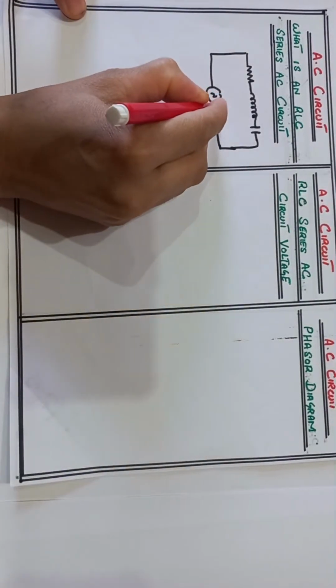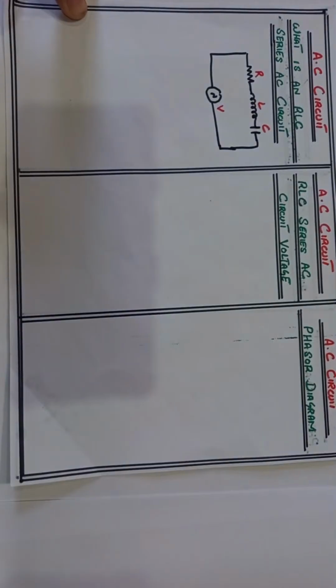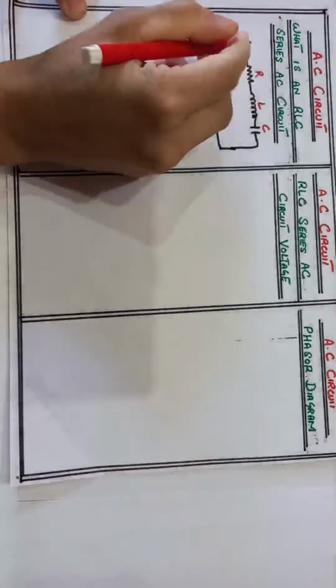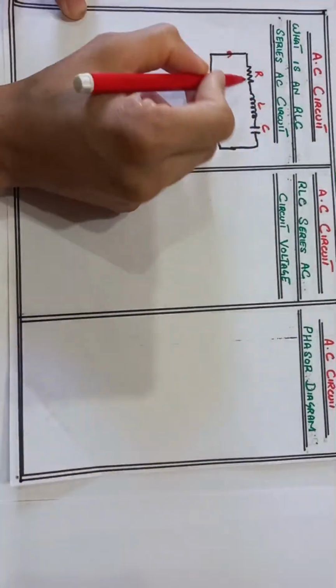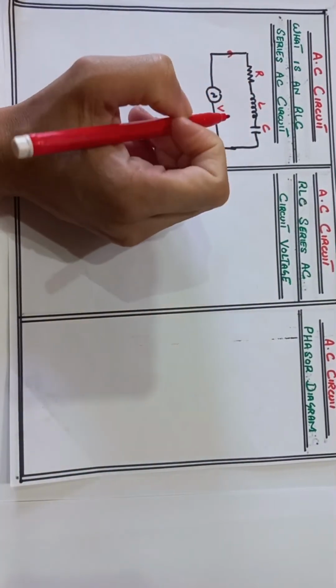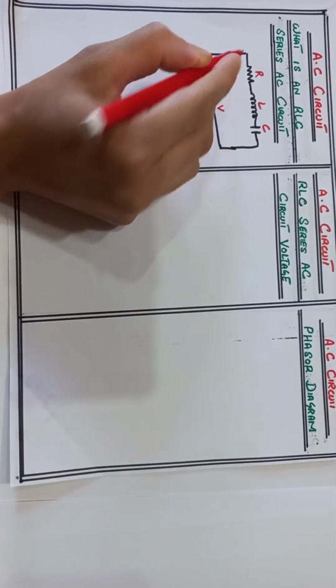So here we represent the alternating voltage V, resistor R, inductor L, capacitor C. When we apply the voltage across the resistor, inductor and capacitor, current I flows through these circuit elements.